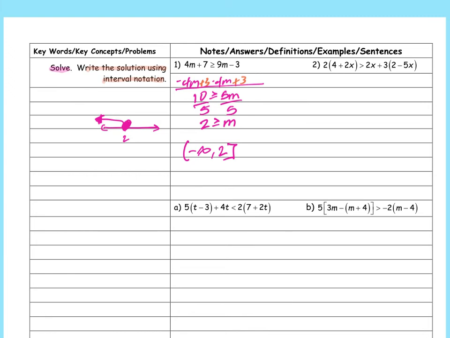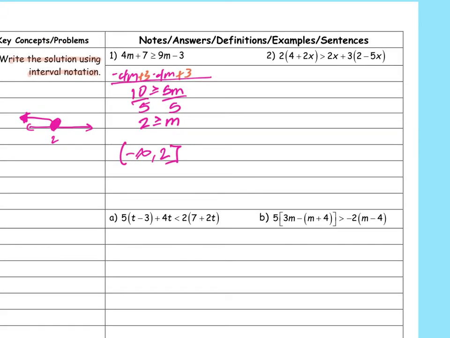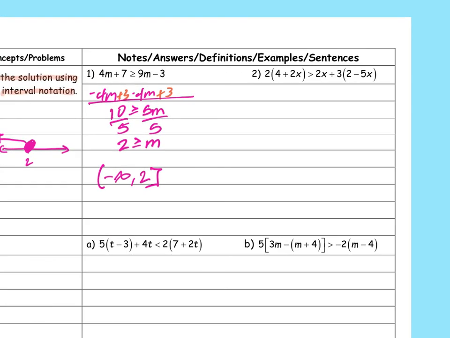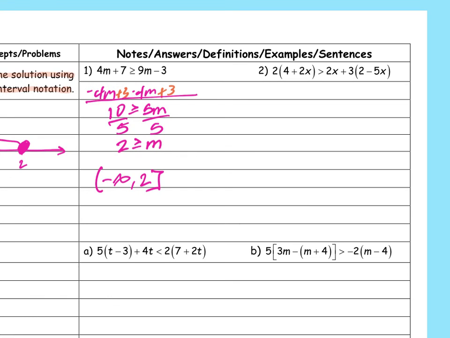Okay, and the second one's a little more complicated, just only because there's more parentheses. Doesn't mean it's any harder. It just means I have to do more before I can get it simplified to solve. So I'm going to distribute, and distribute.